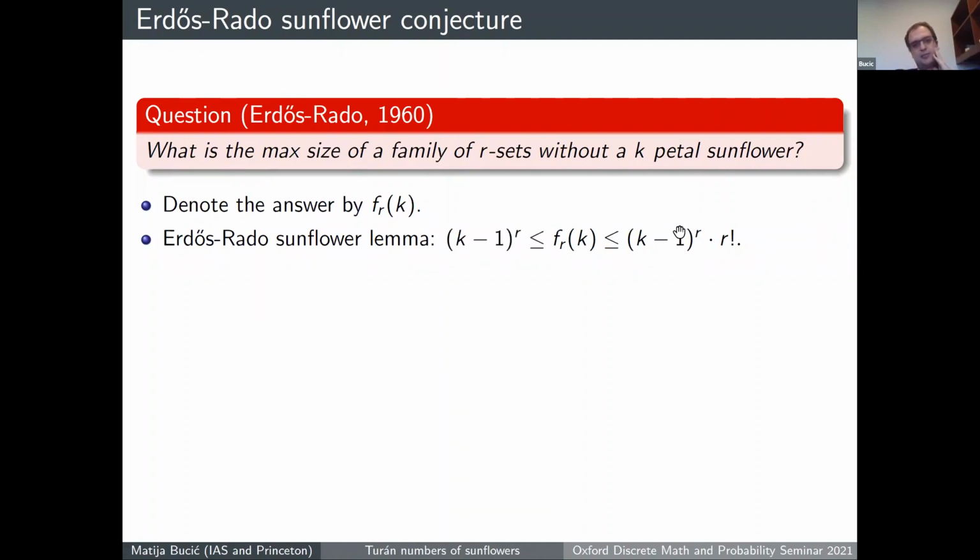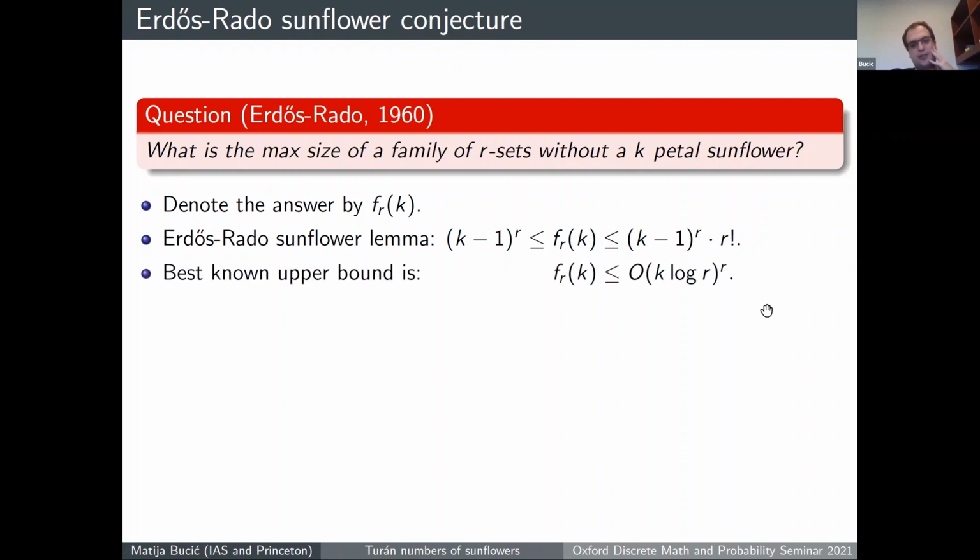But let me also tell you the lower bound that Erdős and Rado gave when they gave this upper bound. It was similar to this, except it doesn't have this r factorial term. So it's about k to the r. One of the big problems surrounding this question is whether this r factorial term is necessary or not. There have been quite a few results which were improving this a little bit over the years.